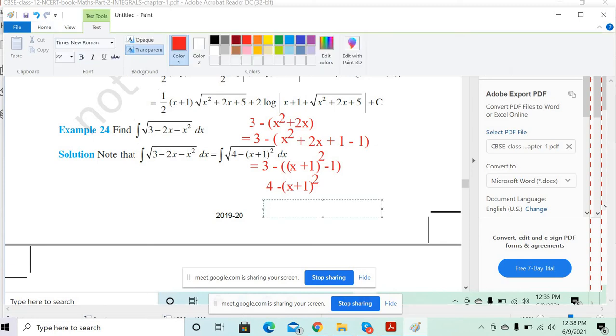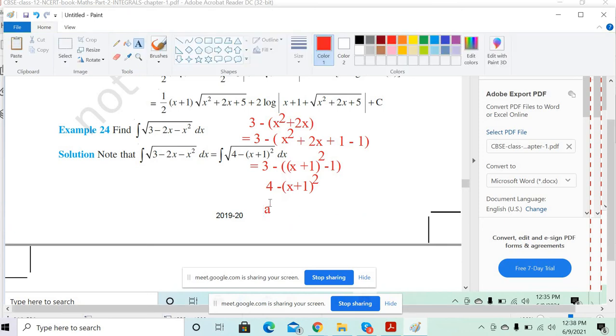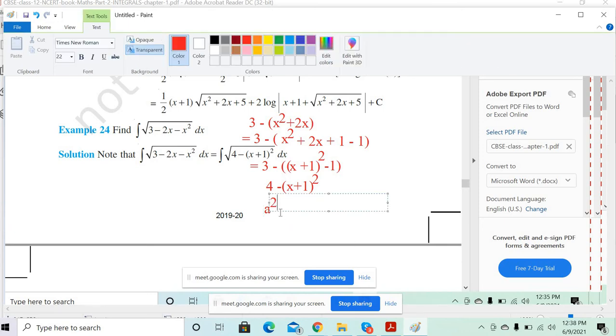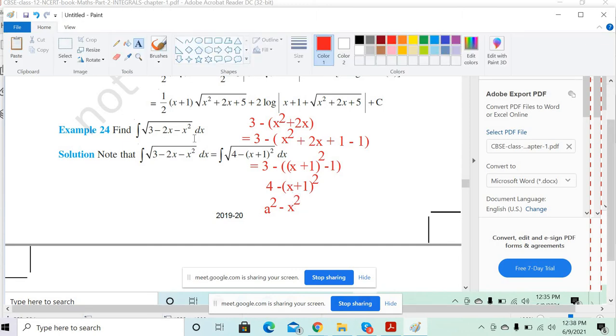So this came in the formula of a square minus x square. So you get the formula of a square minus x square and then you are done, isn't it?